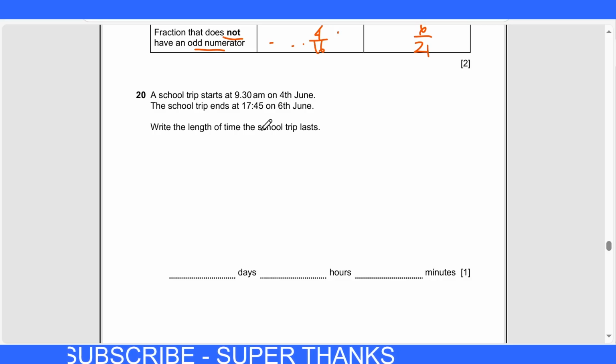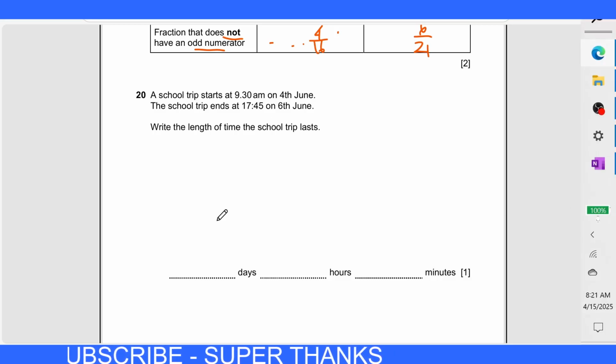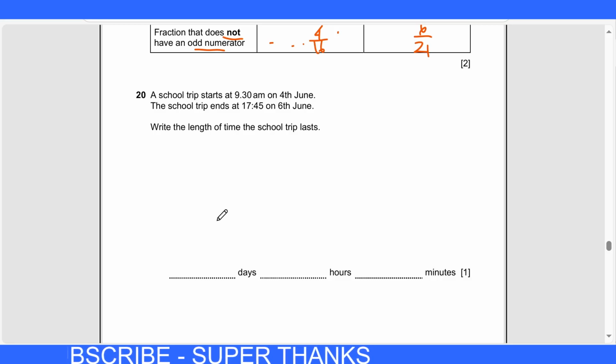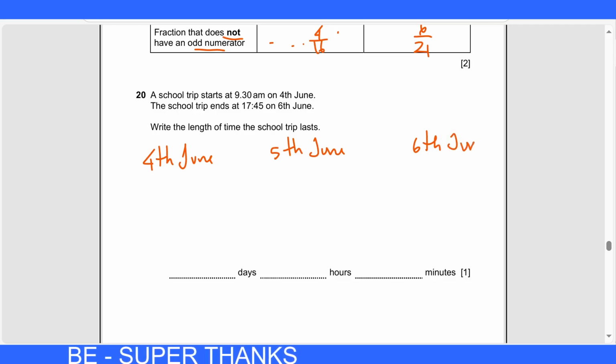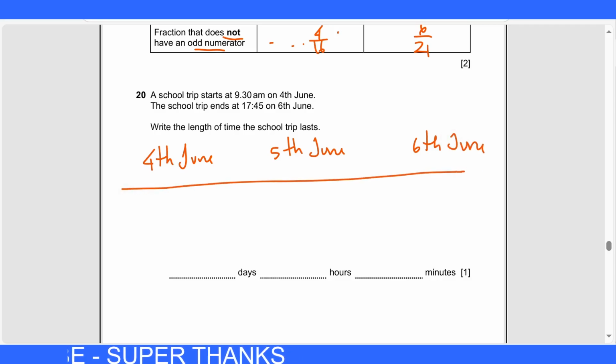Let's reveal the answer. So it's a timeline: 4th June, 5th June, and we go to 6th June. They start at 9:30 a.m. on 4th June.